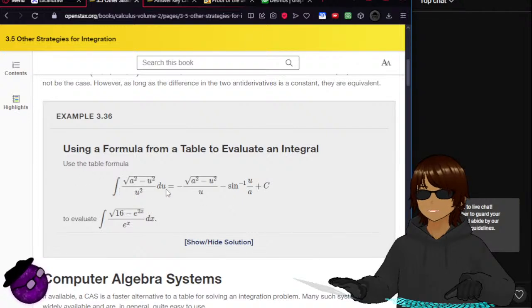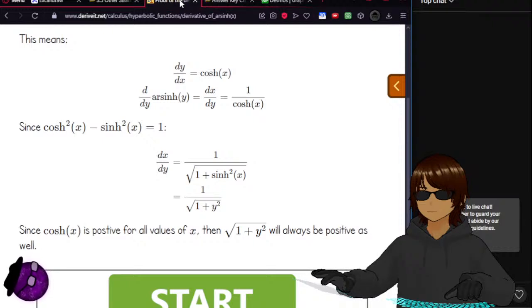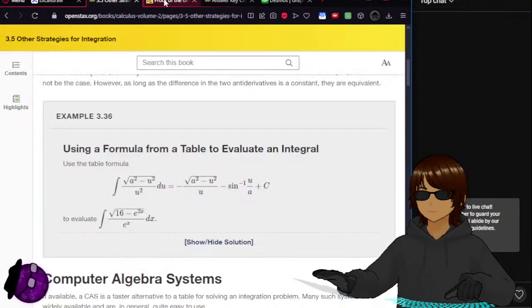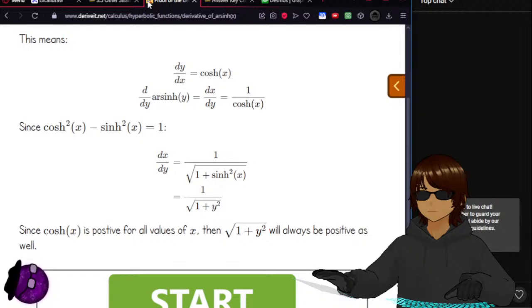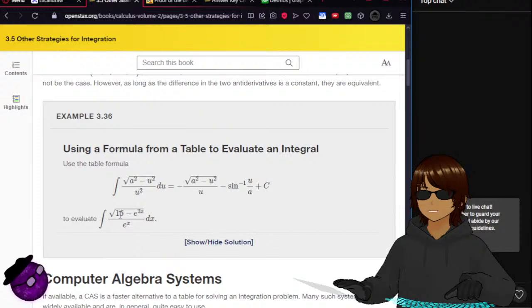Use the table formula to evaluate this. Instead of 16, I have to write 4 square, right?